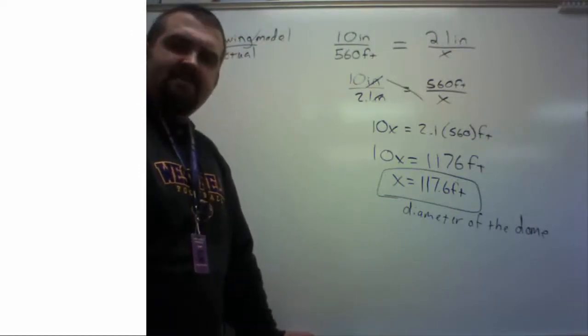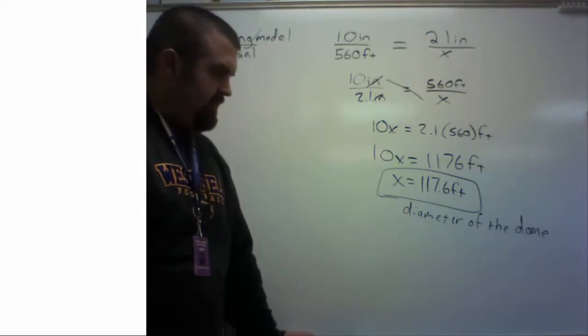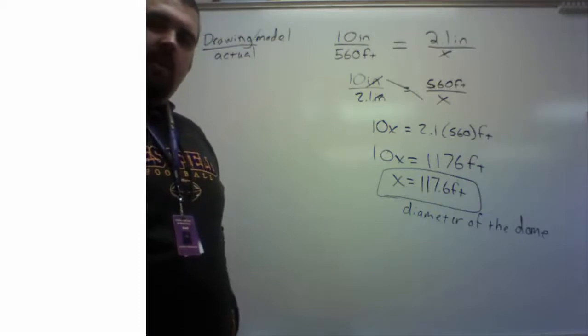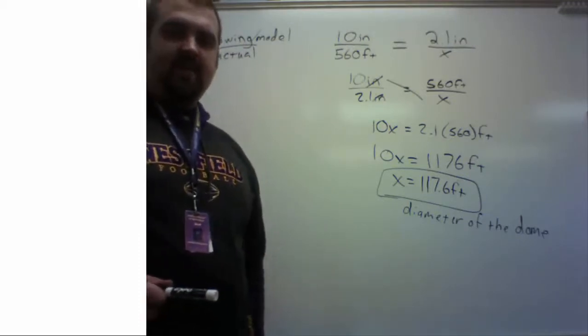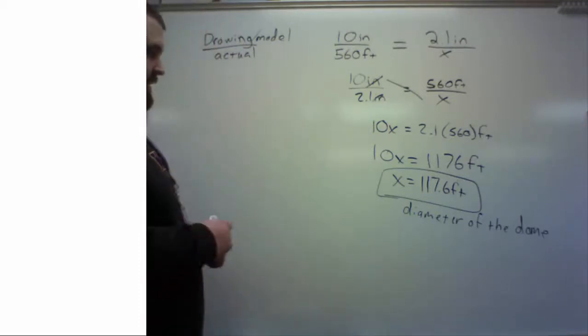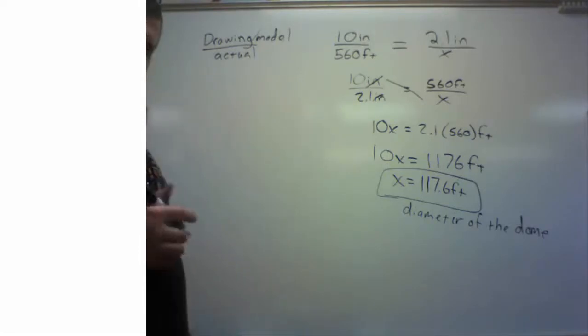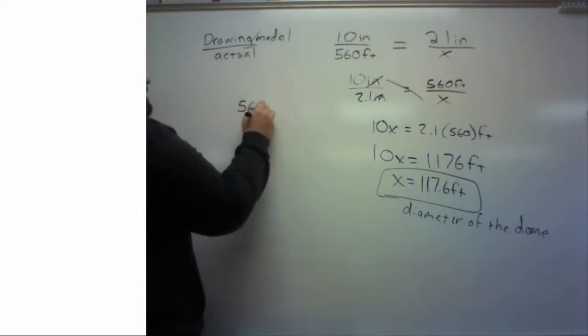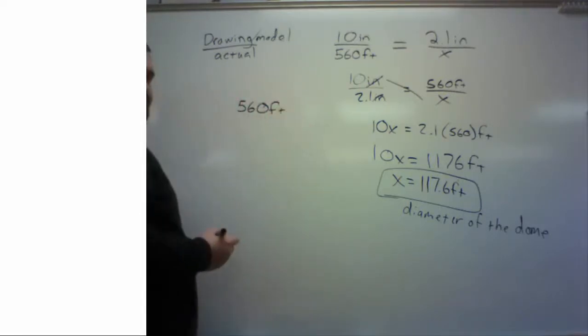However, they asked me another question. This wasn't the only part that they wanted. They also wanted to know about how many times as tall as your model is the actual building. So what they want to know is how many times it's taller, right? Well, 560 feet is the actual height.